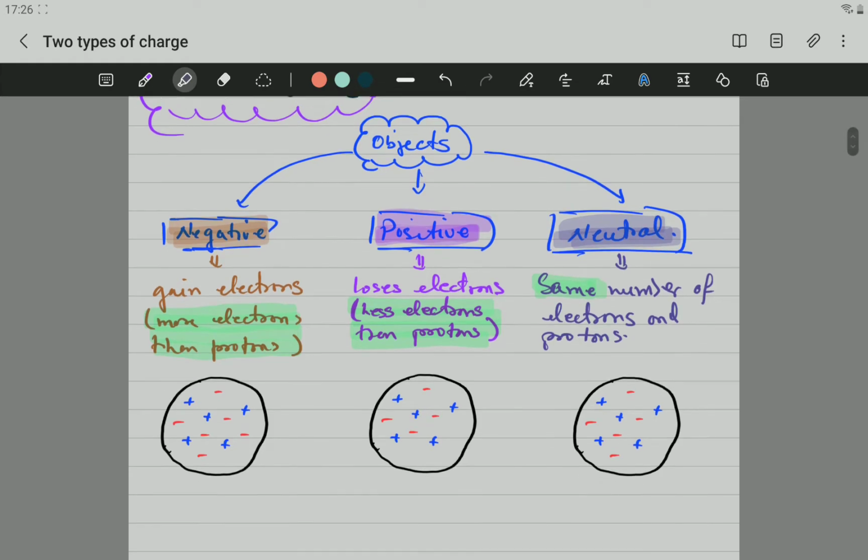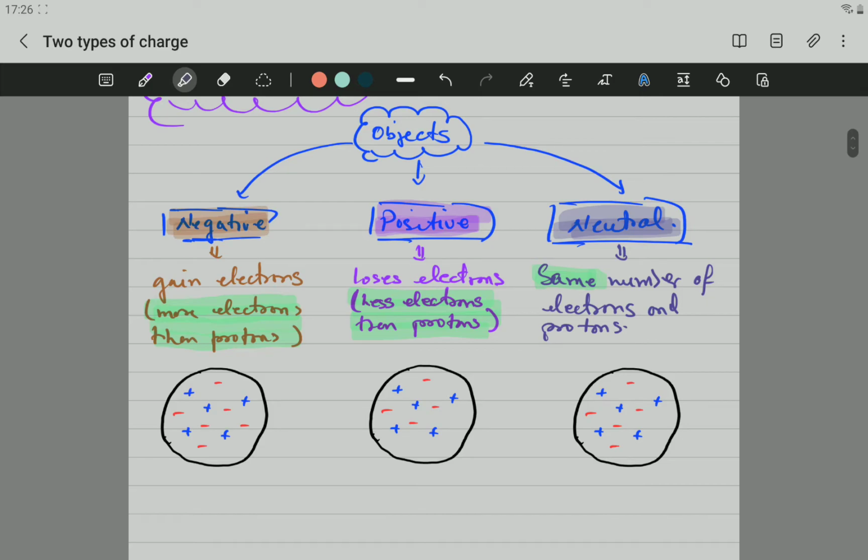So let's look at this and see if we understand charge quickly. Let's say we have an object here that has 1, 2, 3, 4, 5 protons, so positive 5. We're going to calculate the total, or net, charge on this object, object A. How many electrons are there?